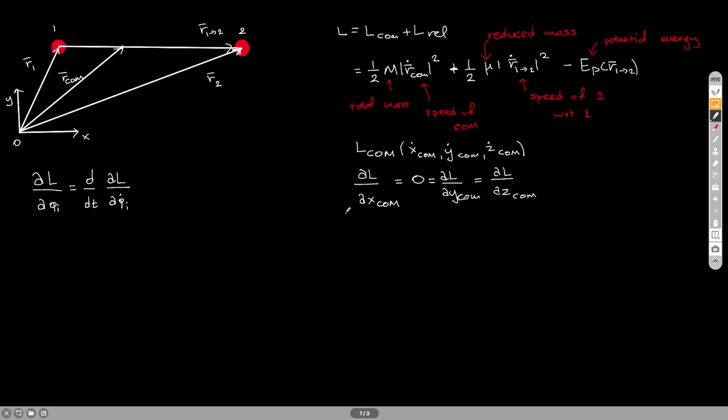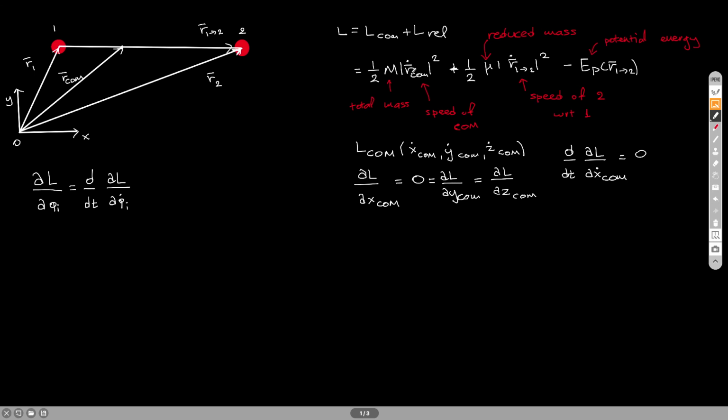So let's see what we get. d over dt of the partial of L with respect to x dot of the center of mass will be 0.